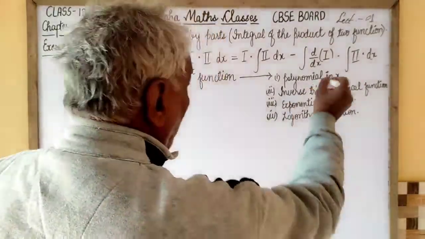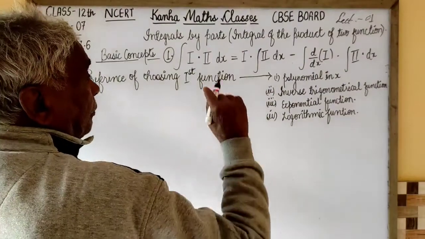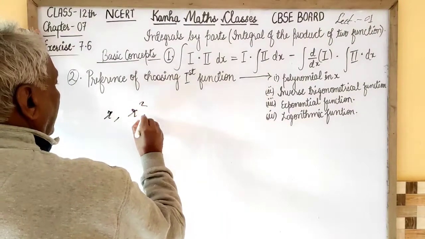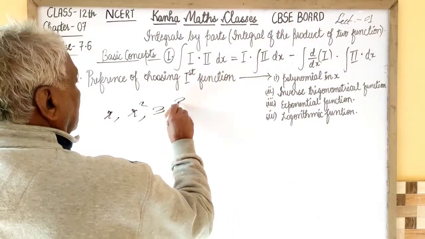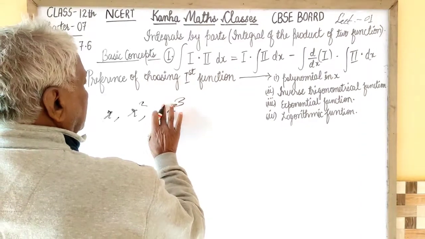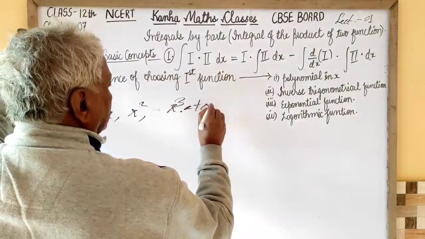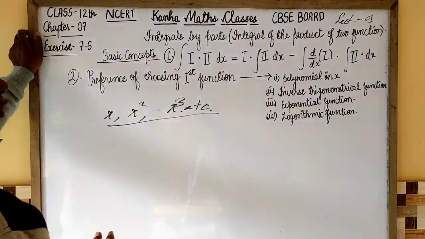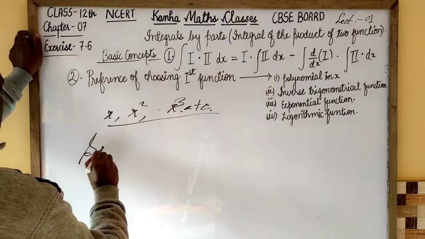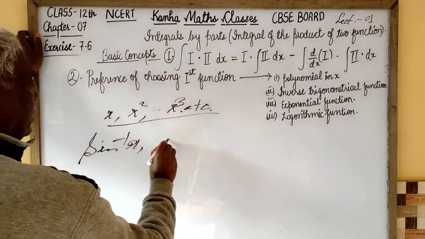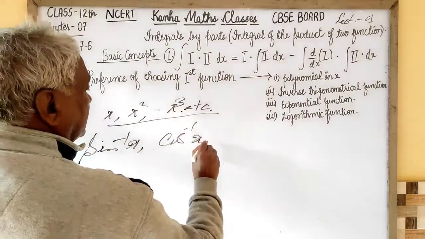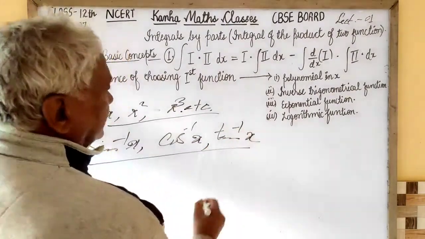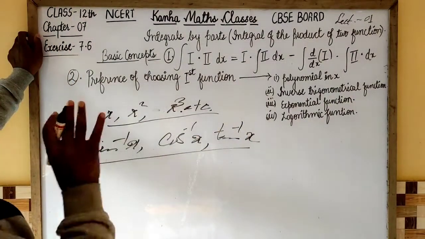Polynomial in x means x square, x cube, etc. And the second, inverse trigonometrical function, means sin inverse x, cos inverse x, tan inverse x, etc. This is the second preference.